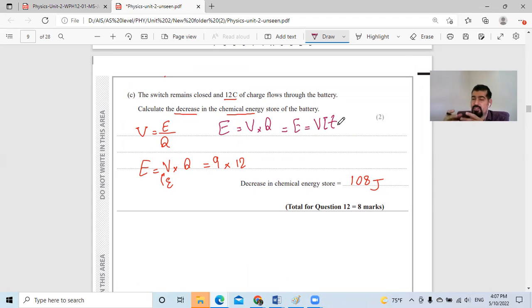They ask about how much electrical energy is lost, decreased from the stored energy. For example, if the energy stored was 20,000, how much remains? It will be 20,000 minus 108. They didn't ask about this. They ask about how much energy is decreased, okay? Did I answer your question, Hamza? Muhammad?